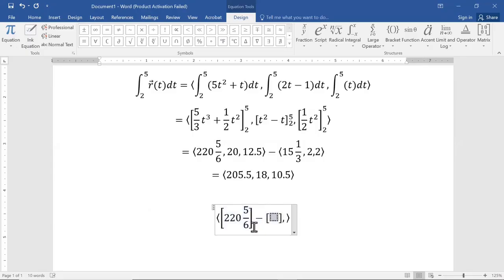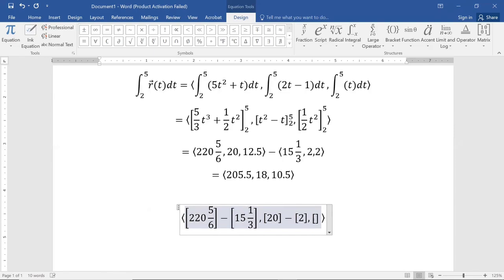They plug in the 2 and get 15 1/3. Then they do the same thing for the y's, plug in 5 and get 20, plug in 2 and get 2, and then they do the same thing for the z's.